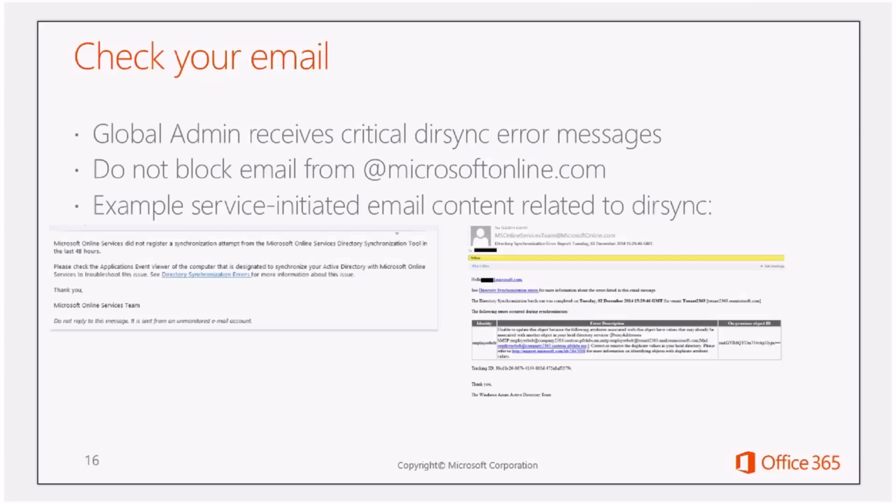I've had some customers that say they have not been getting these emails, and that's because they've been blocking messages from MicrosoftOnline.com, or messages showed up in their junk mail filter. So they might want to check their junk mail filter to ensure that these messages haven't been piling up in there.